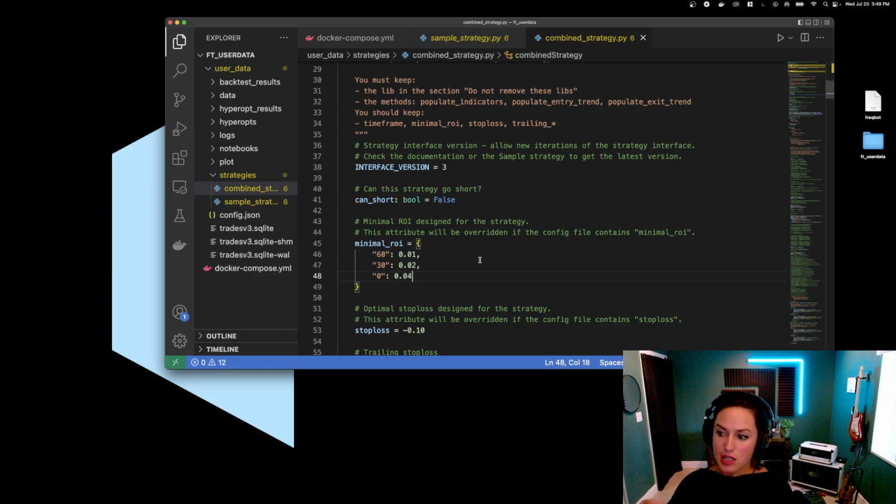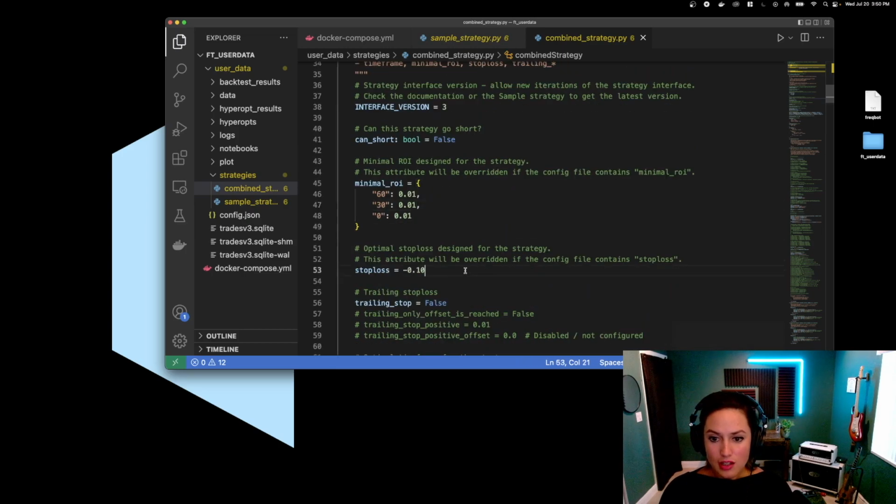Maybe the volatility indicates that we should be able to get 4%. Okay, so I would like to change these all to 1% across the board because I am perfectly happy gaining 1% a trade, trade after trade after trade after trade, to have a snowballing effect on my dry run wallet.